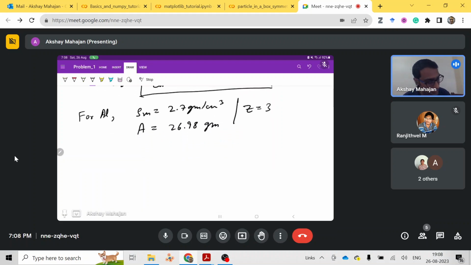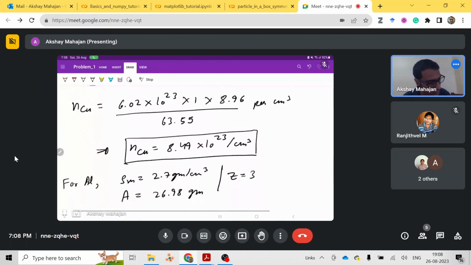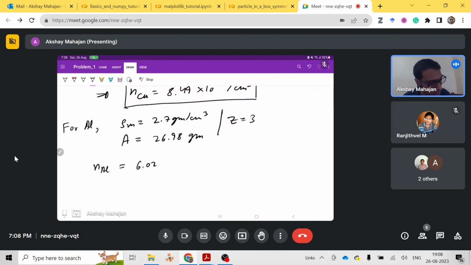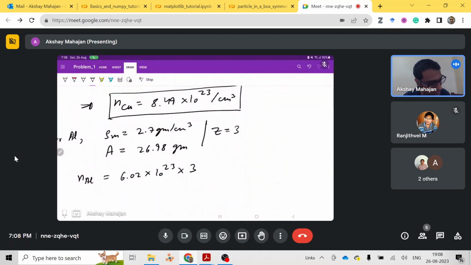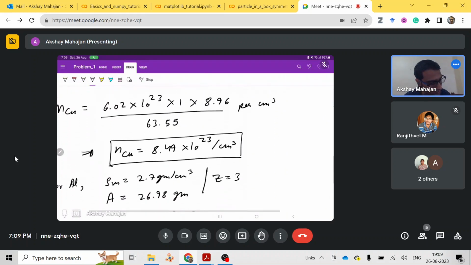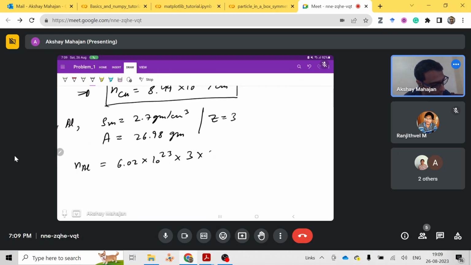Again, we just have to put values in the formula that we have derived. So that will be Na, 6.02 times 10 to the power 23, the Avogadro number, times Z, which is 3 in this case, times rho m, the mass density, which is 2.7, divided by capital A, which is 26.98. This will also be per centimeter cube.